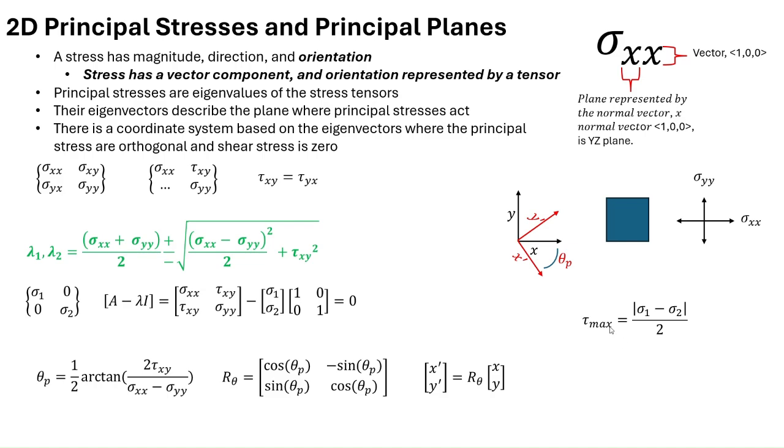So the max shear stress is the maximum principal stress minus the minimum principal stress divided by 2. And in a 2D state, that acts at a 45-degree angle relative to one of the axes as defined by the eigenvector.